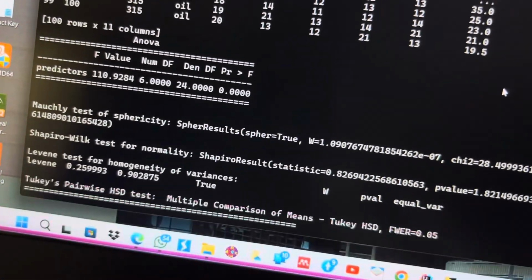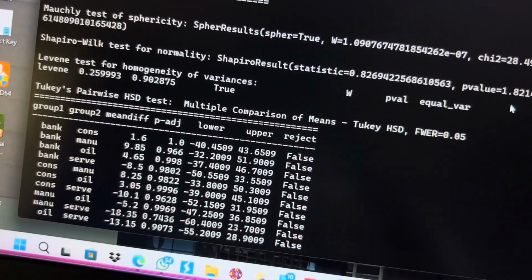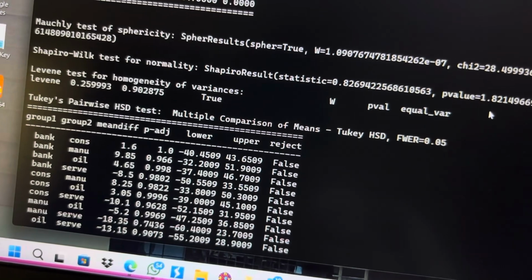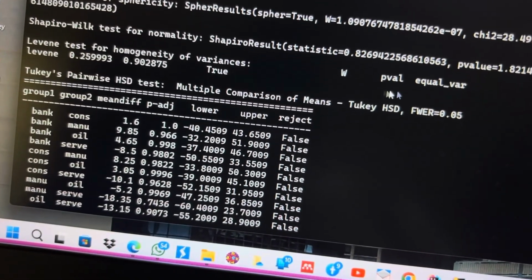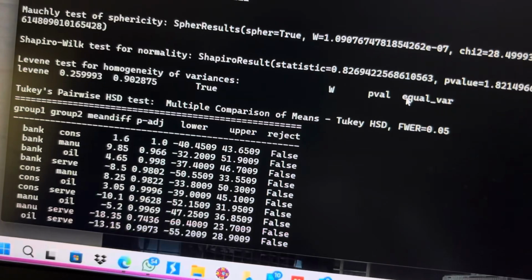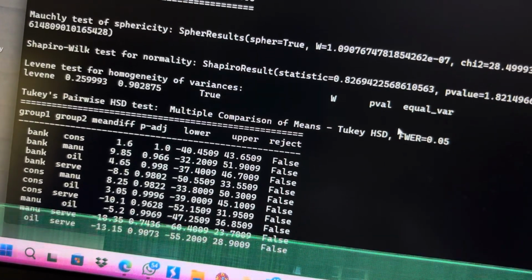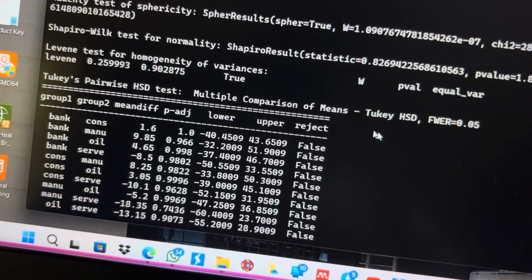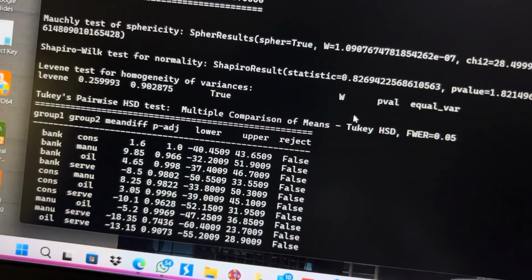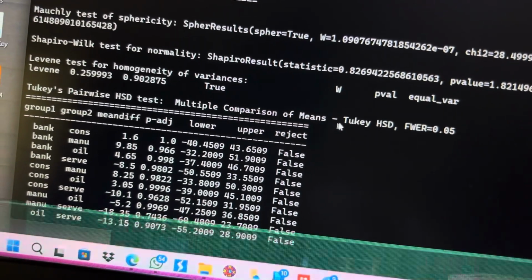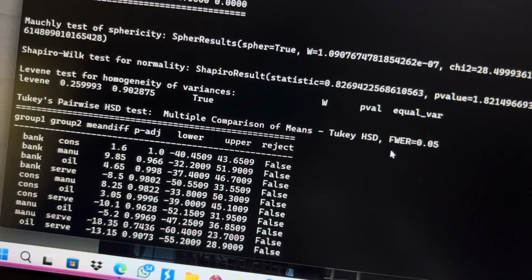Then we have Tukey's pairwise HSD. This is a post hoc test. Tukey's pairwise HSD test, multiple comparison of means, is given here.